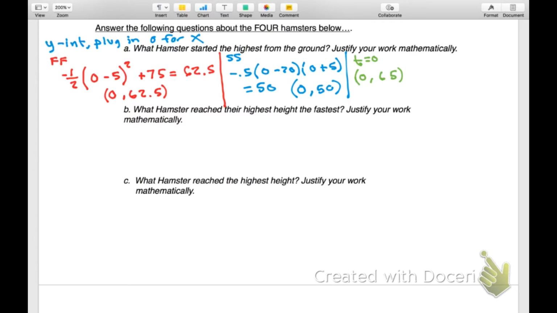That was for the Wiggling Wonder. And our last hamster friend, Al, hamster 4. It tells us right there in the first sentence that Al started 42 feet in the air, so Al started at (0, 42). That's just stated in the problem, so we didn't have to do any math.